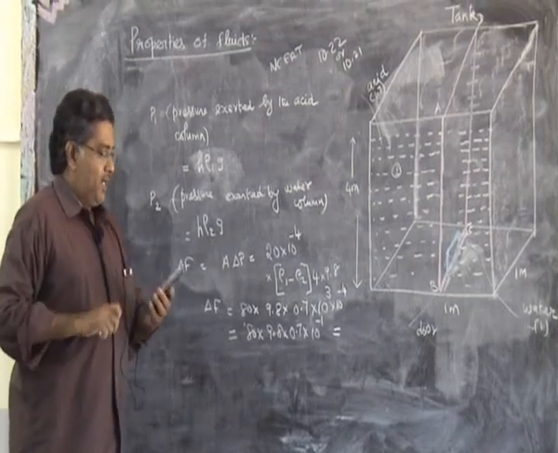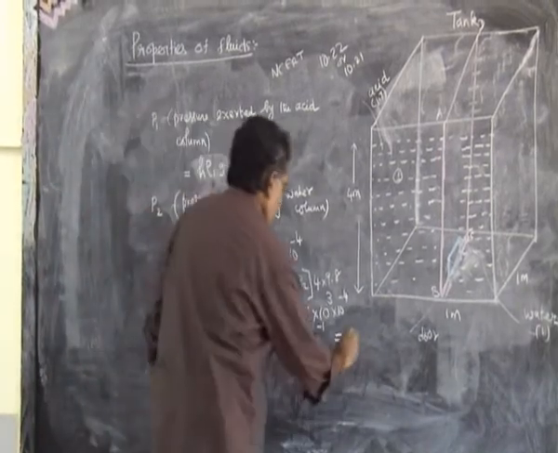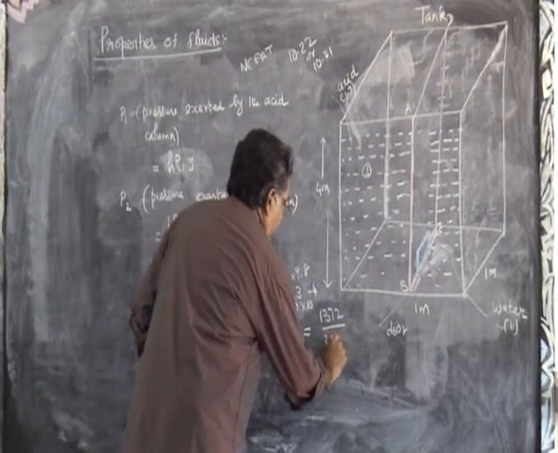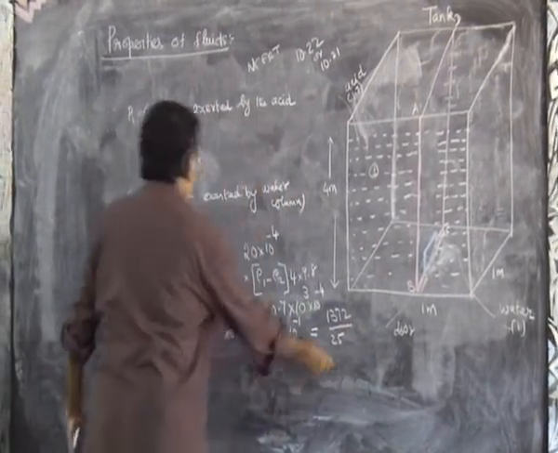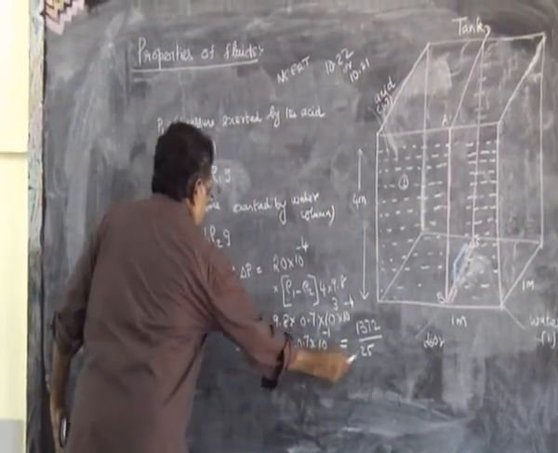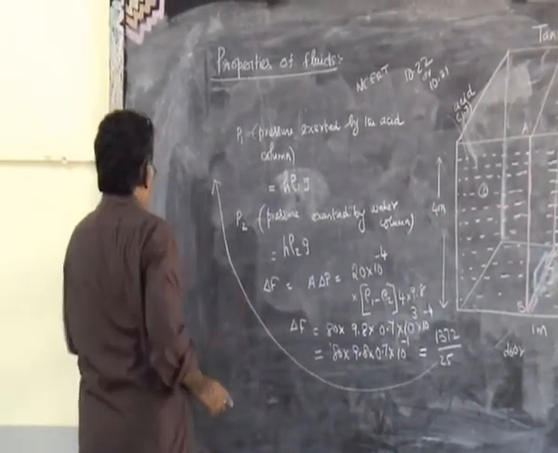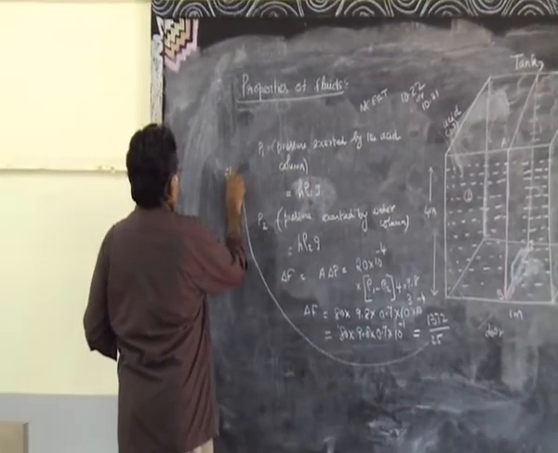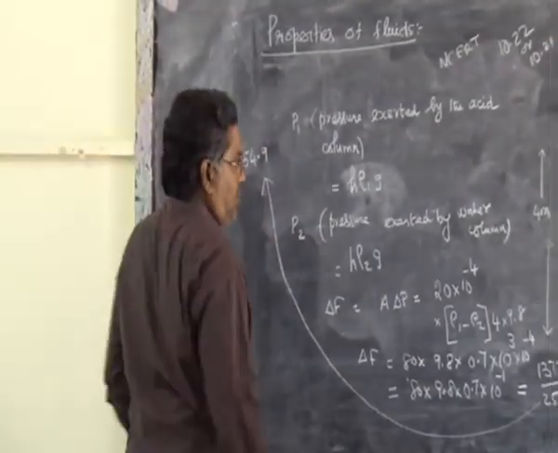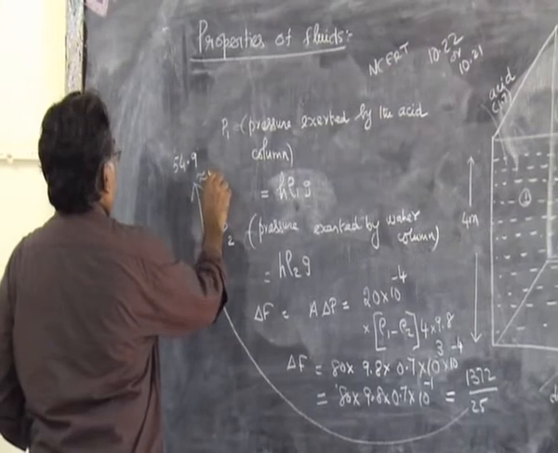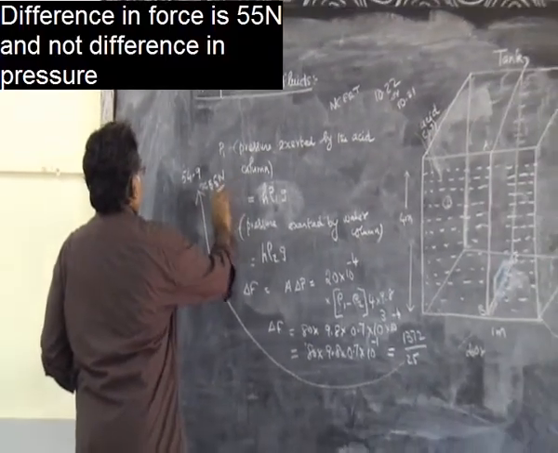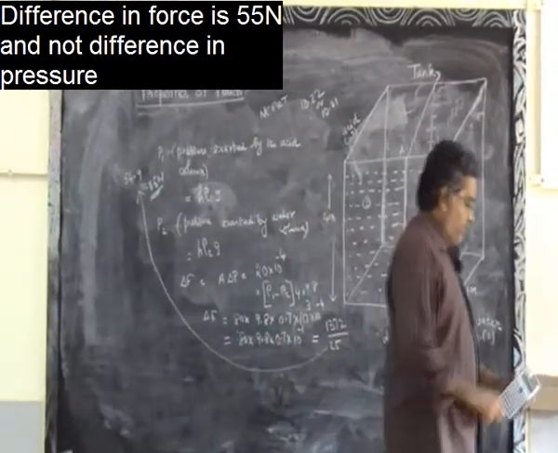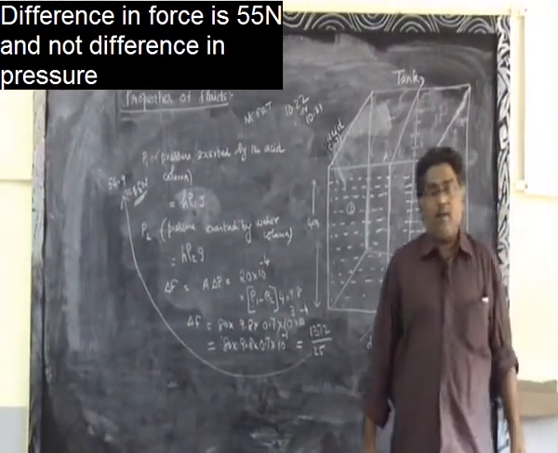It gives a fraction initially, so it will be 1372 by 25. If you want to write in decimals, it is 54.9, or you write 55 Newton. So the difference in force is 55 Newton.